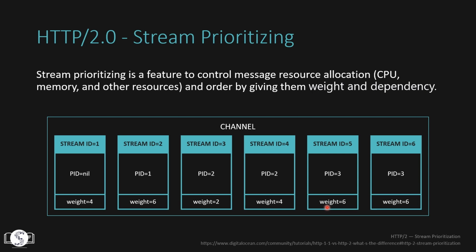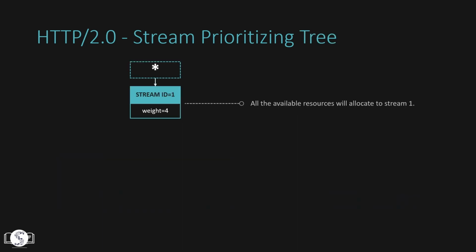To make it clearer, let's convert this into a tree. In this dependency tree, stream 1 depends on the root stream, and there is no other stream derived from the root. So all the available resources will be allocated to stream 1 ahead of other streams.